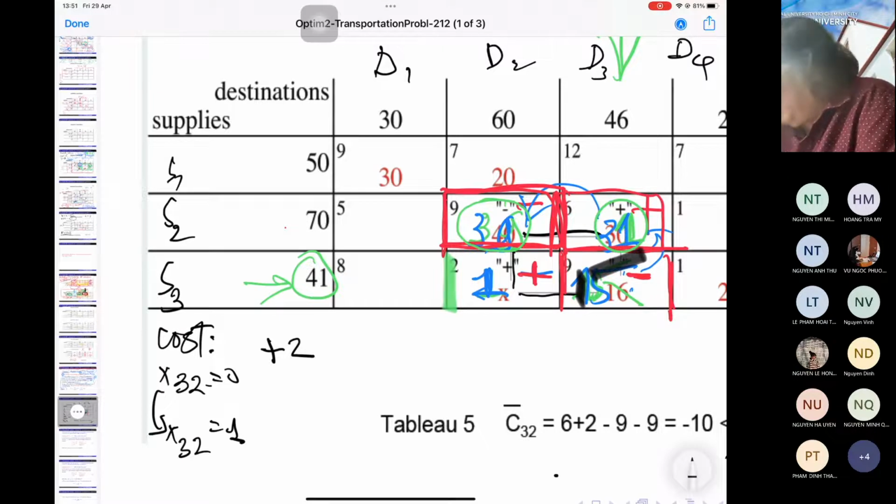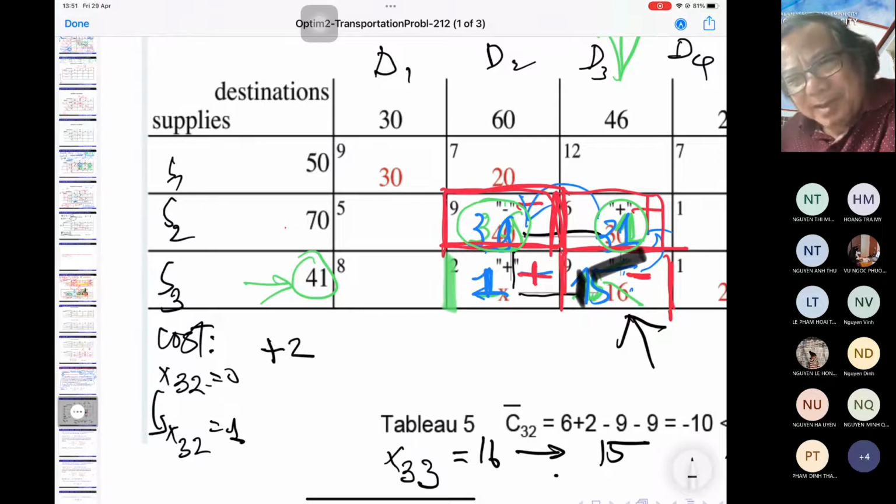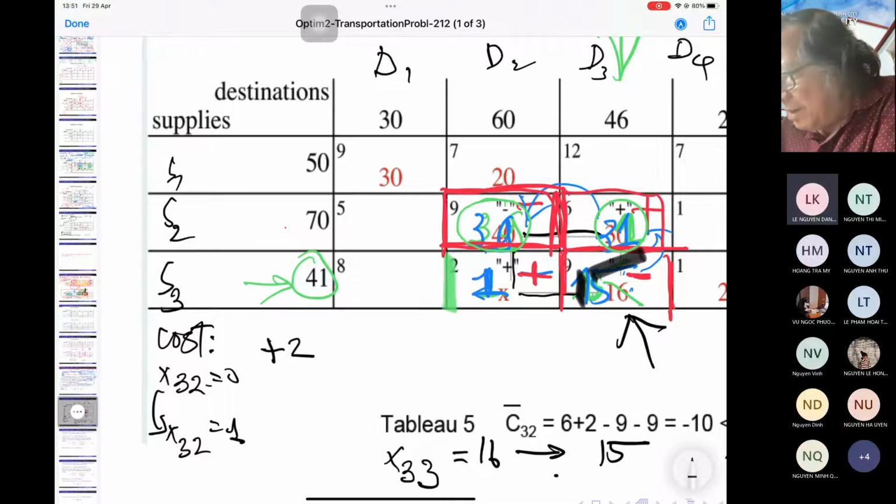And here, look at the cell x33. At the beginning 16, and now it becomes 15. Then it's reduced by 1. Then the cost is what? Minus 9. Is that okay?